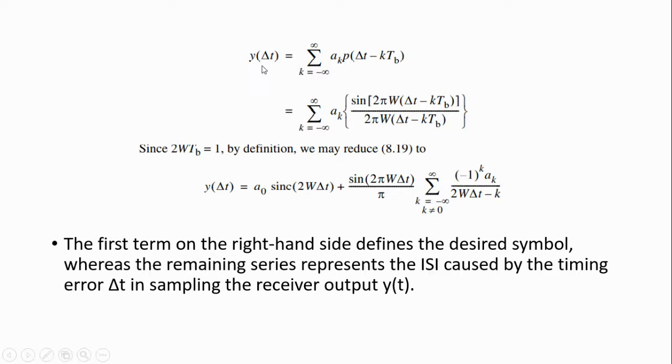Then y of delta t is equal to the summation over k from minus infinity to plus infinity of a_k times p of delta t minus kT_B.